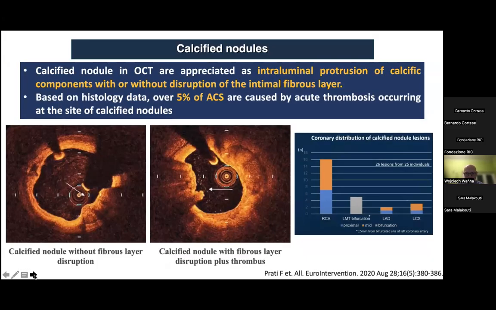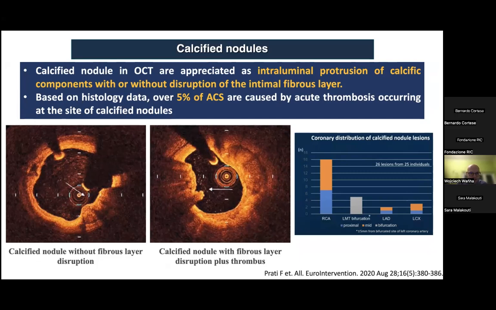The other also important features in the OCT are the calcified nodules. Calcified nodules in OCT are appreciated as intraluminal protrusion of calcified components, as you see over here, with or without the disruption of the intimal fibrous layer.